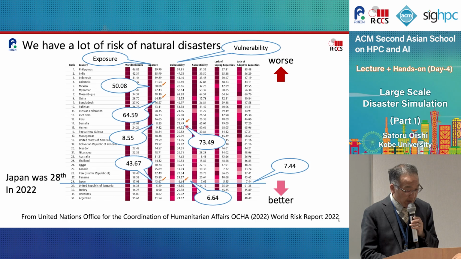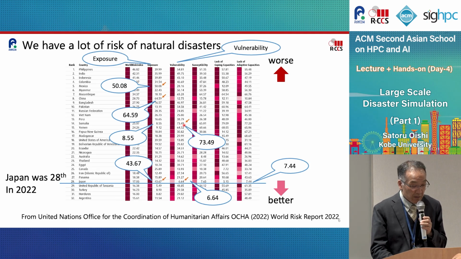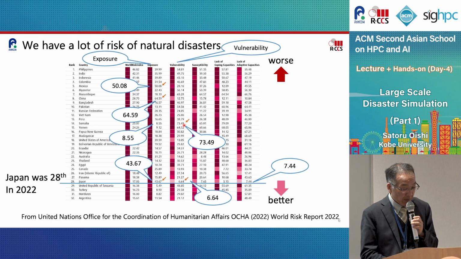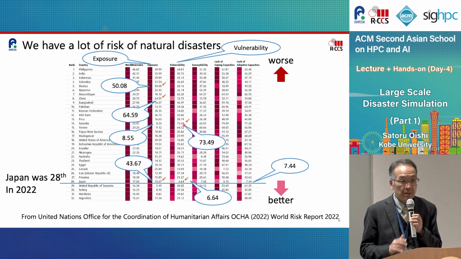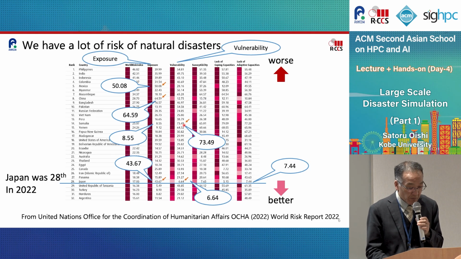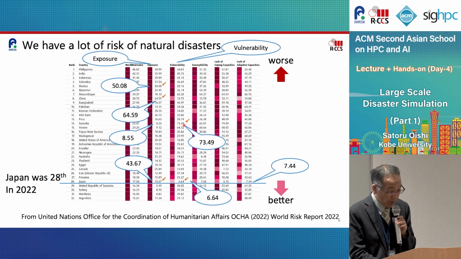And Somalia, the vulnerability is 73. That is the worst country in the world in 2022. Do you come from Somalia? No one? In Kobe University, we have one Somali student studying disaster prevention.